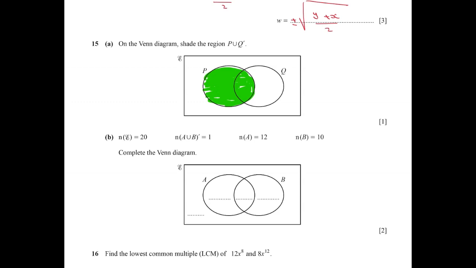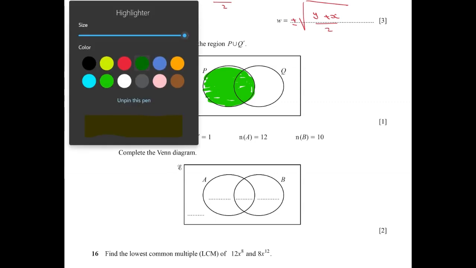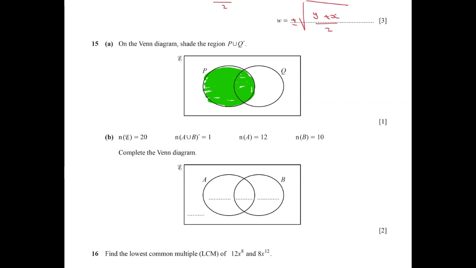Q dash means the outside of Q. All the part outside Q. And this is the part P union Q dash.